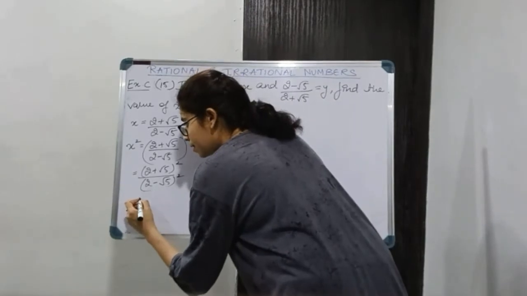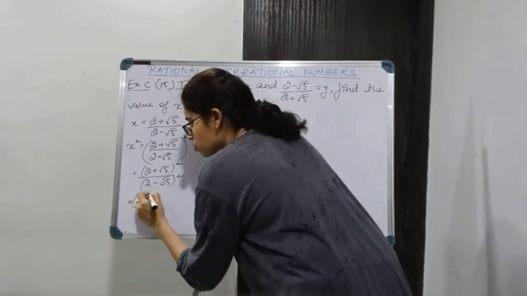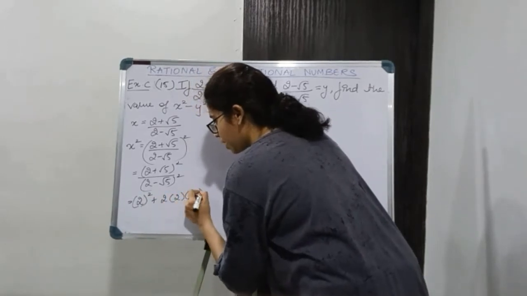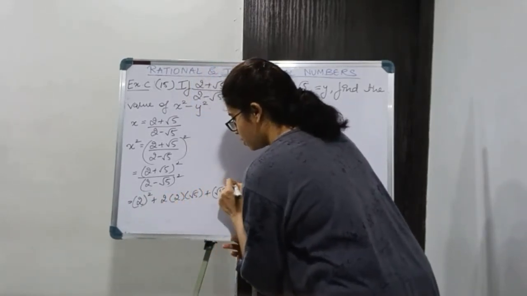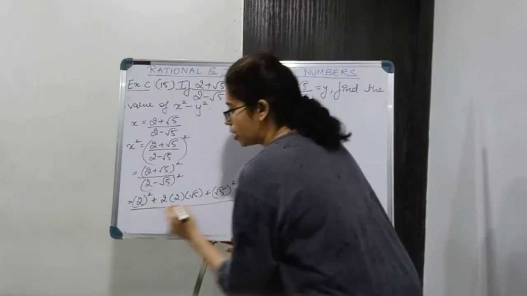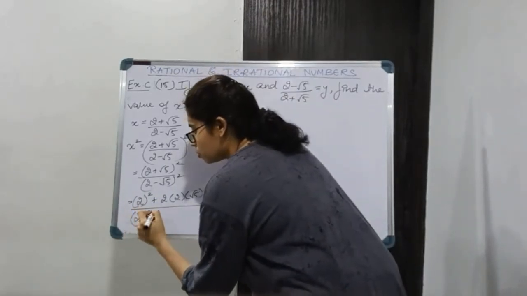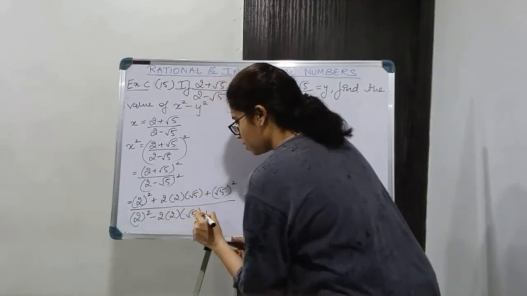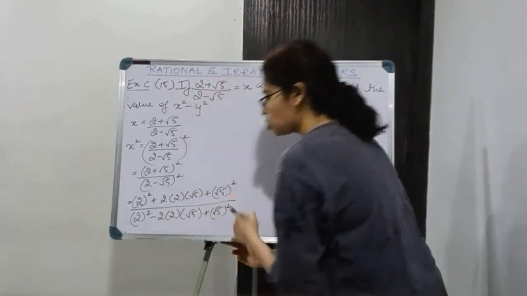Let's expand it. So 2 square plus 2 into root 5 plus root 5 square upon over here 2 square minus 2 into root 5 plus root 5 square.